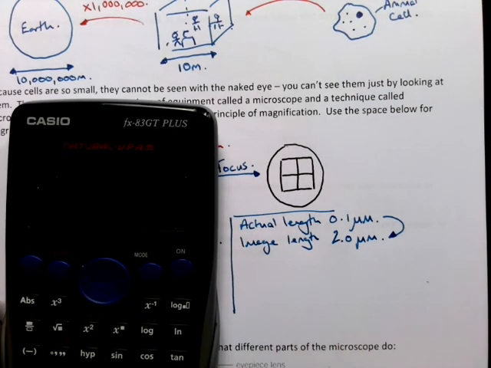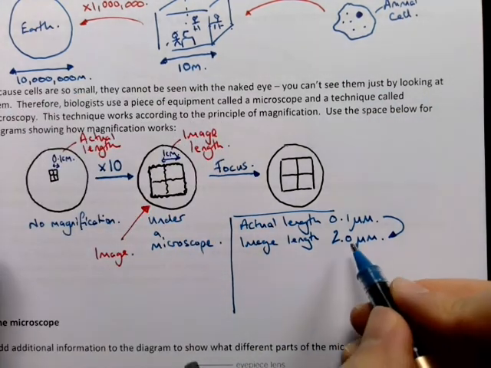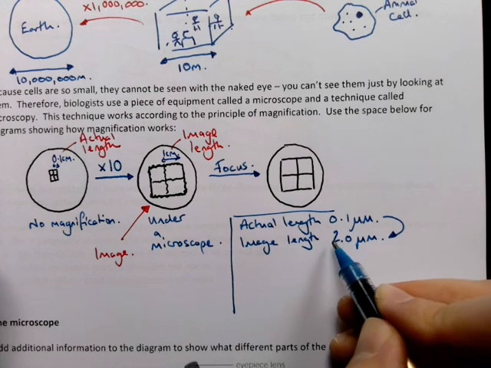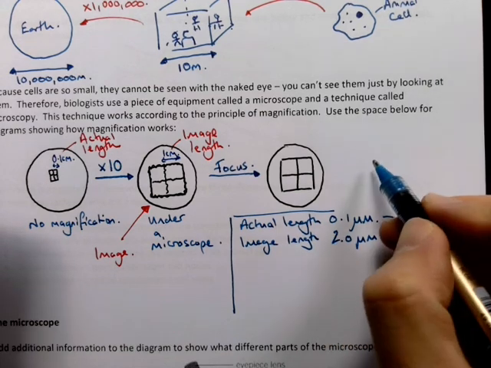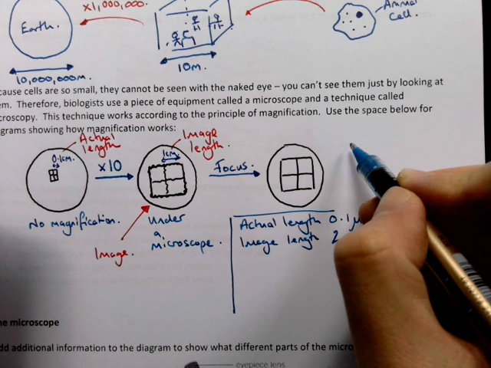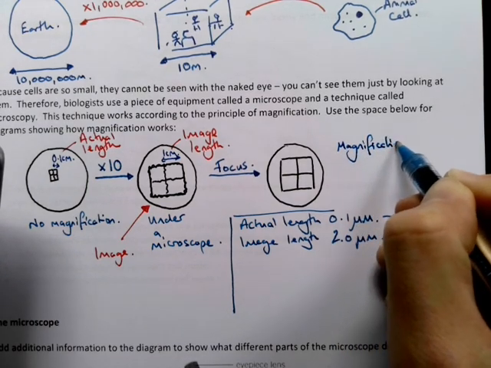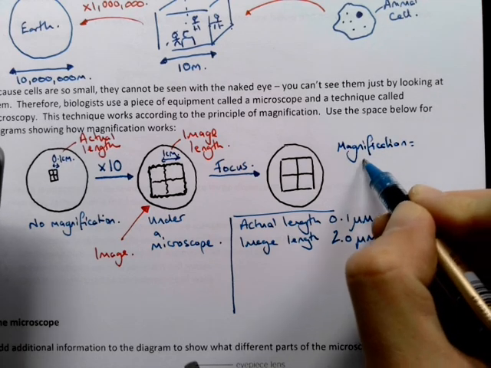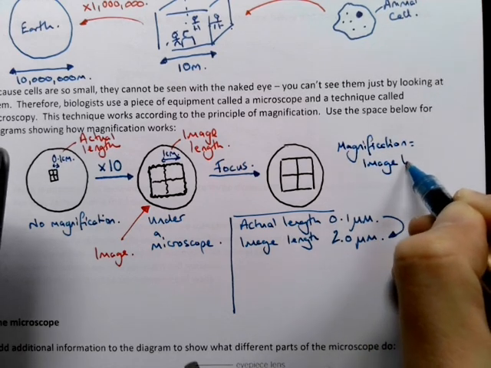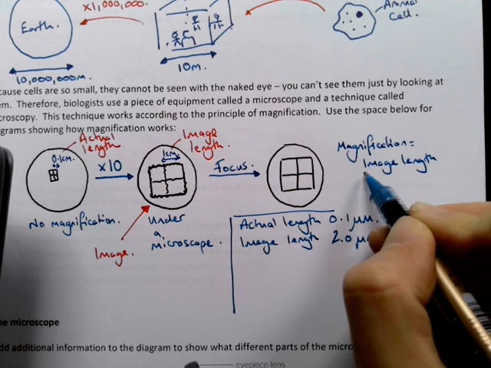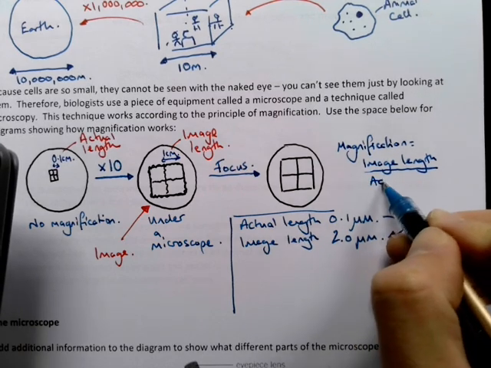Otherwise, I'll show you. In order to work this out, we do the image length divided by the actual length. So we can write that out as magnification equals image length divided by actual length.